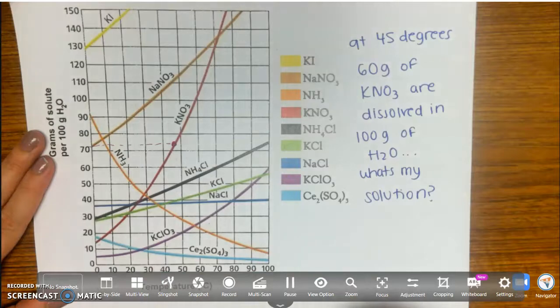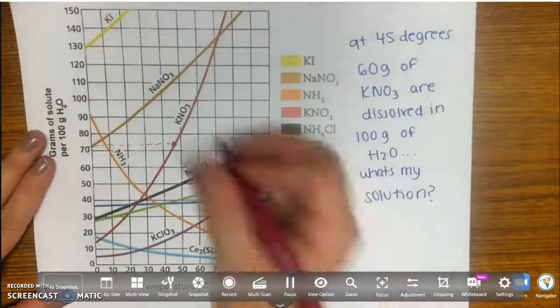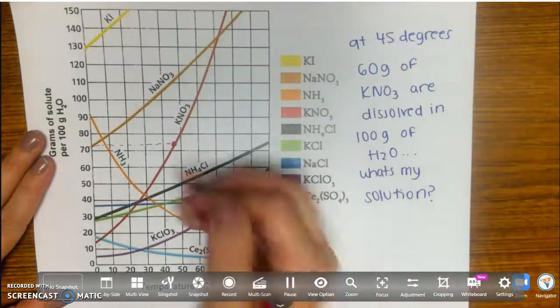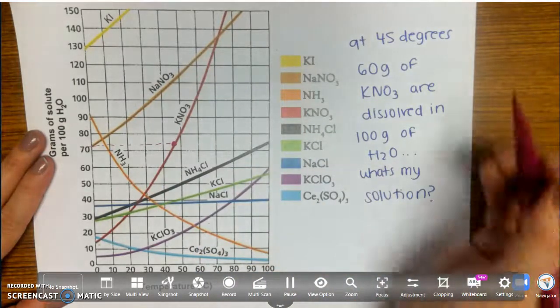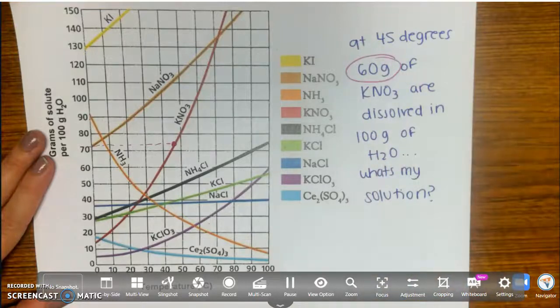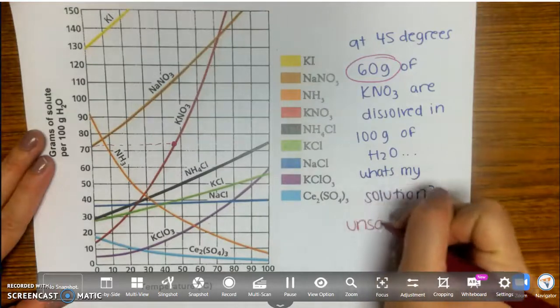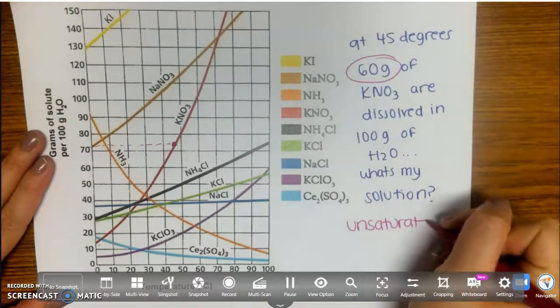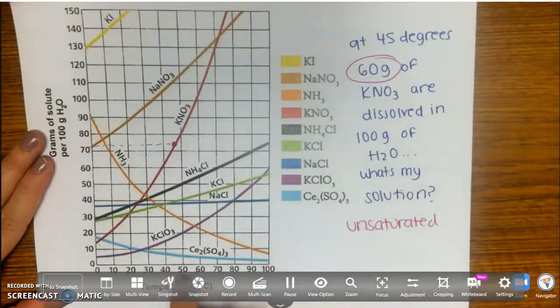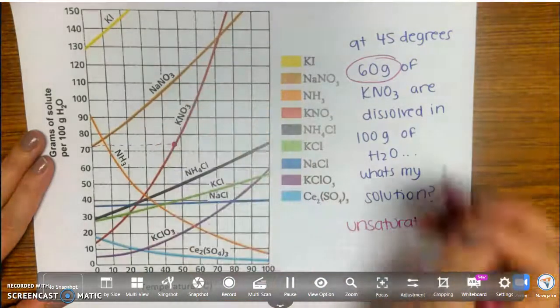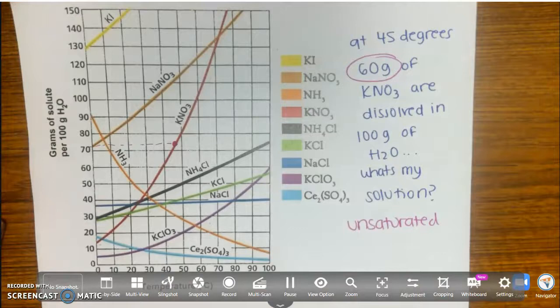I probably didn't draw it perfectly straight. You can have about 74 grams dissolved, about 75, but I have 60 grams dissolved. So could I dissolve more? Yes, I can. That's an unsaturated solution because you can dissolve at 45 degrees about 73 and you only have 60 grams dissolved.